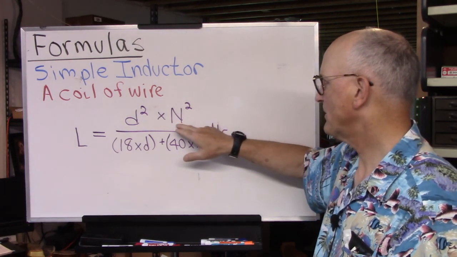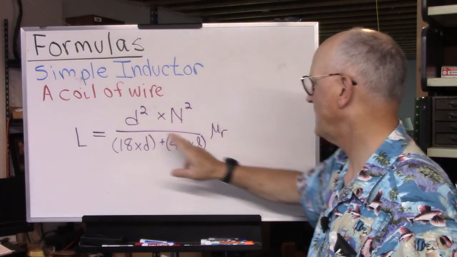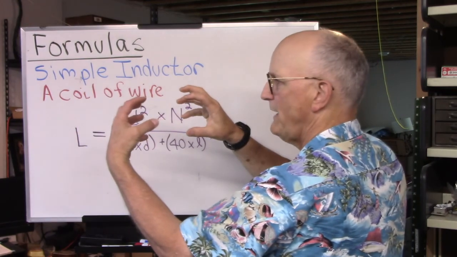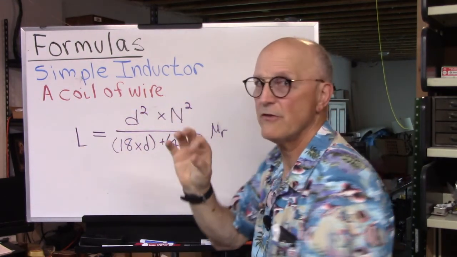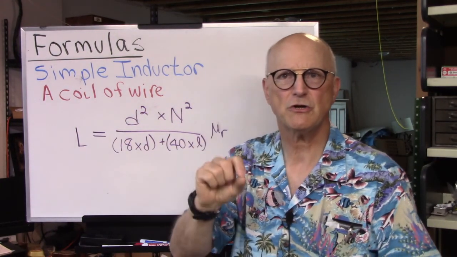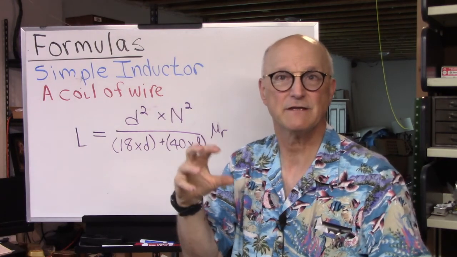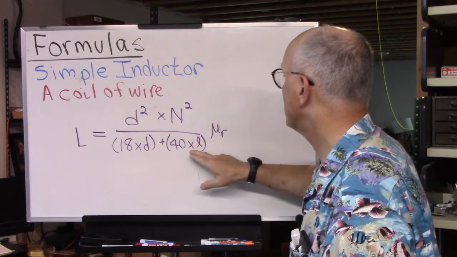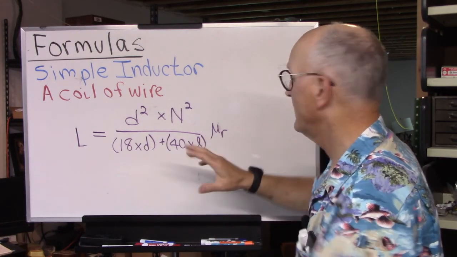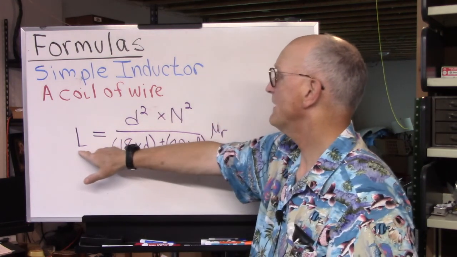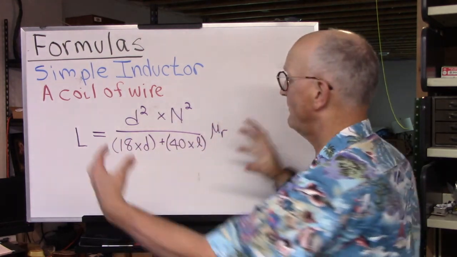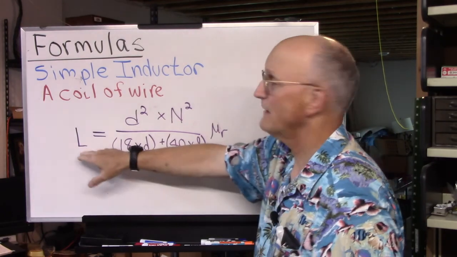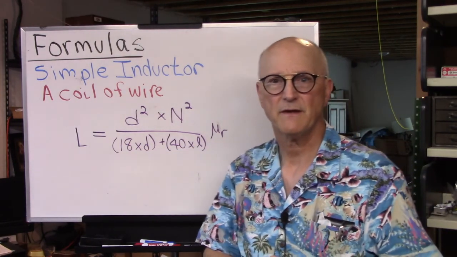If you're keeping turns and diameter the same, and all you're doing is making the coil shorter or longer, in other words changing the turns per inch, then because this is on the bottom, if the length gets longer, the inductance gets lower. If the length gets shorter, the inductance gets higher.